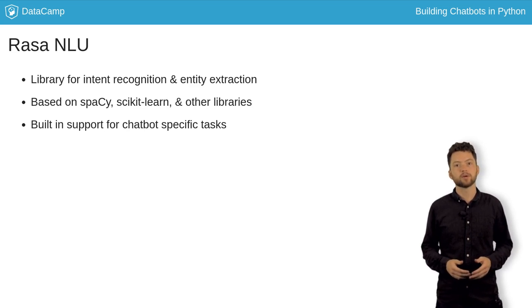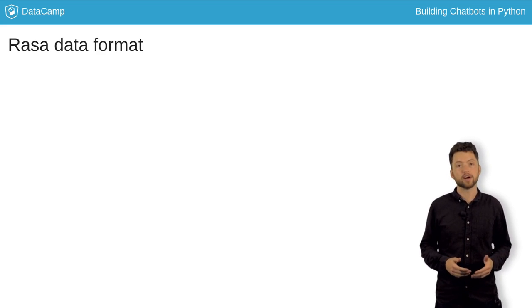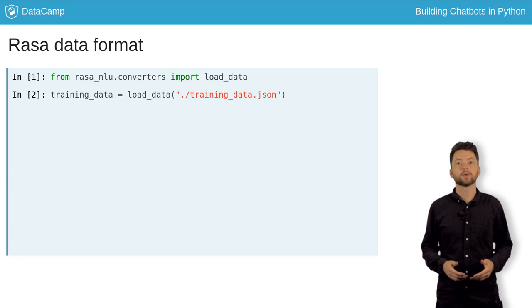To use Rasa, we provide training data in a JSON file. JSON is a popular human-readable data format based on key-value pairs. We import the load data function and call it, passing the path to the training data file as an argument to create a training data object. This object contains a list of dictionaries called training examples.